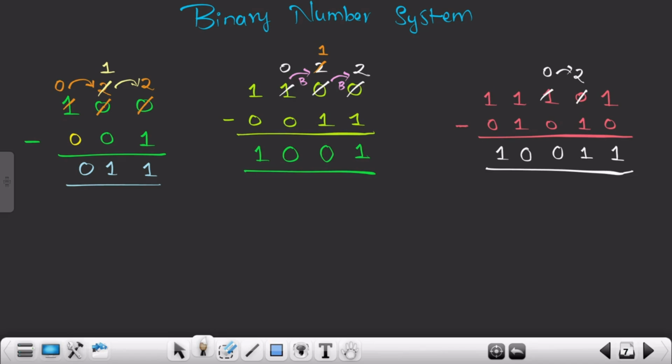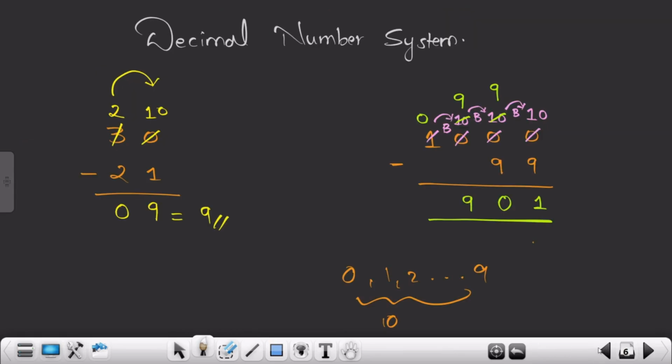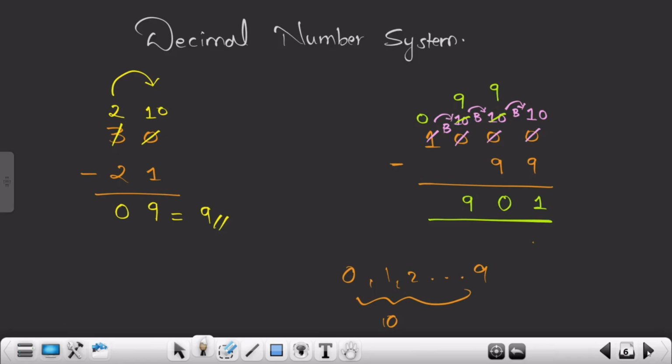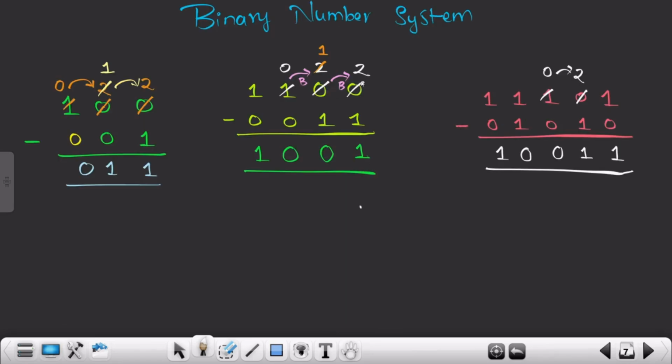Let's suppose I had directly jumped to this part, where I make this 0 as 2, and to borrow from this one, even though this is 0, I make this 2 as 1. Then you might feel it difficult and be unable to understand what is happening.